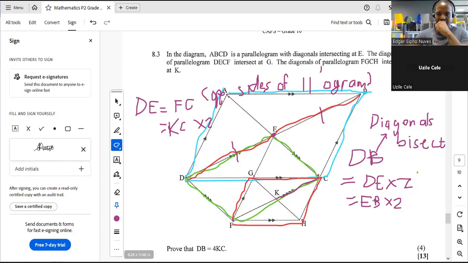Now we're almost there. You have DE in terms of KC, but DE is actually related to DB. Can you suggest what we are going to do now? Because we're literally done, but I want you to put the pieces together.